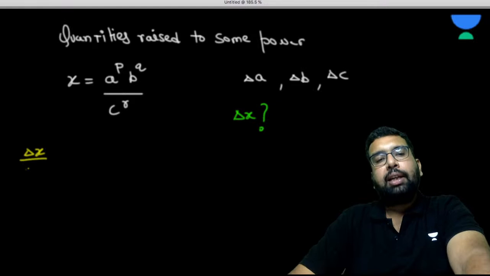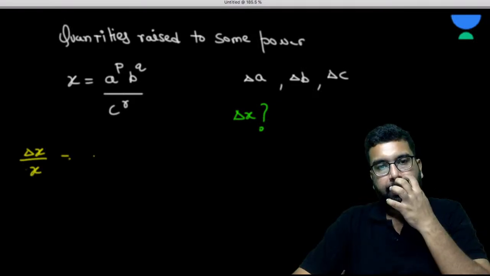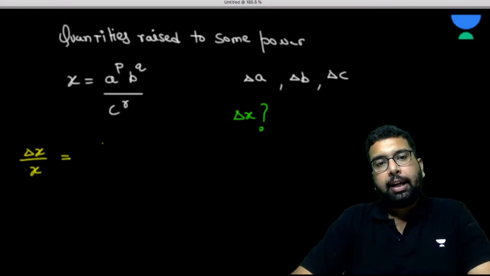See, delta x by x. Now see a to the power p.